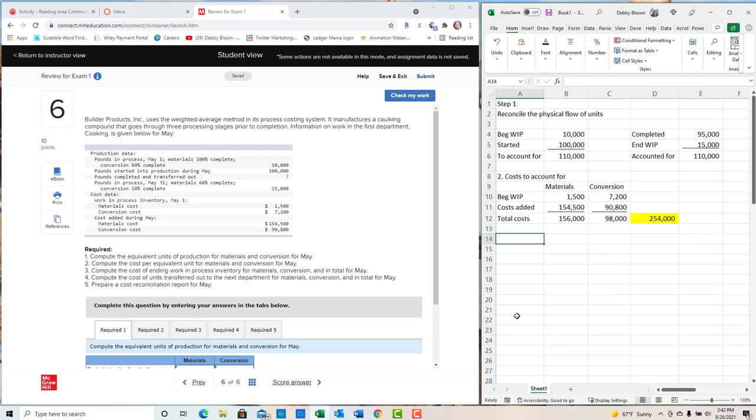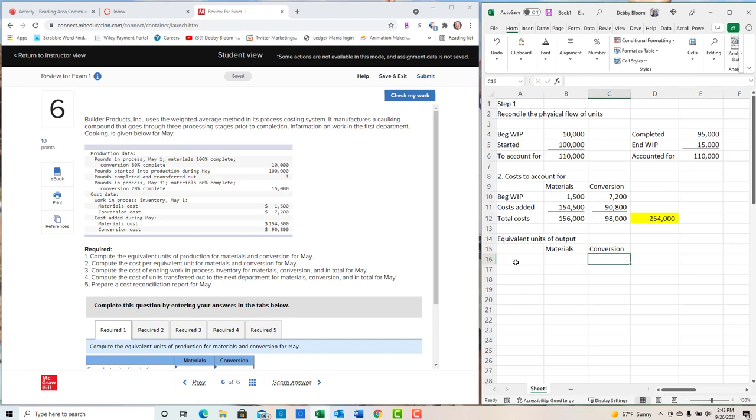Step 3 is to calculate the equivalent units of output. This is why step 1 is important, because our output is the units completed and the ending work in process. We calculate our equivalent units of output for materials and for conversion costs.